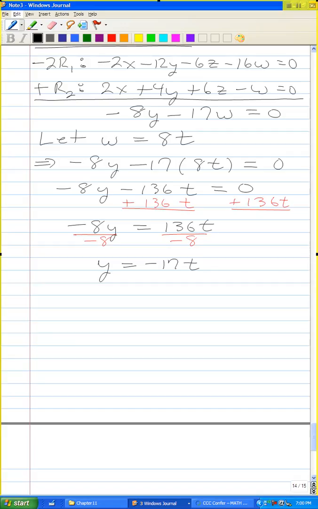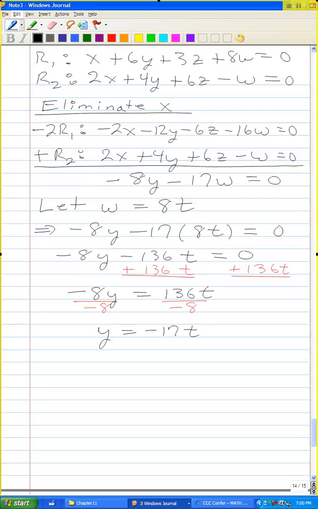Okay, so let's figure out what x is. I'll go to R1.